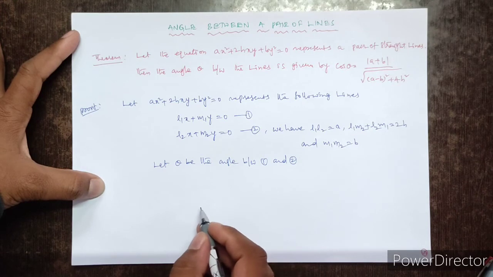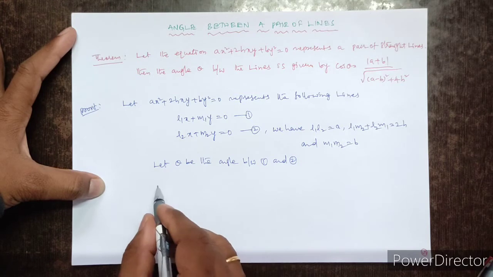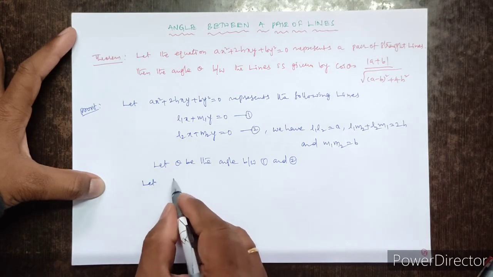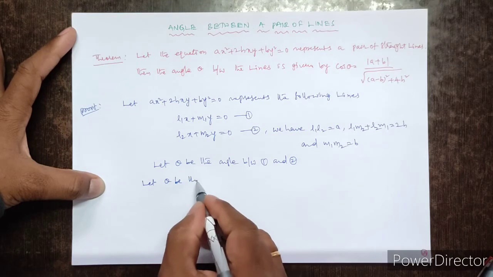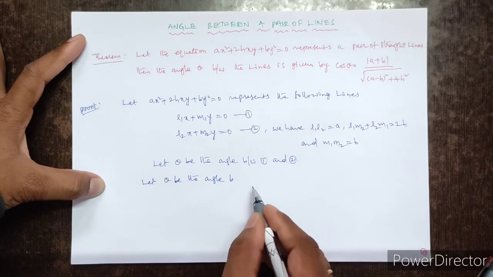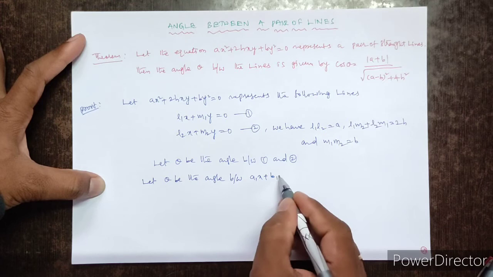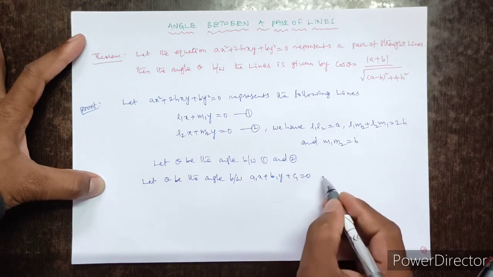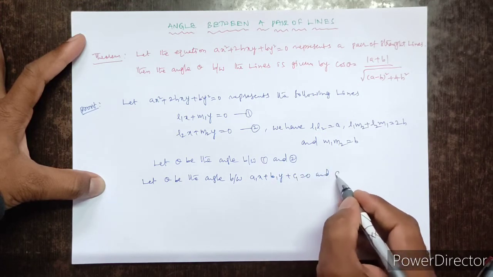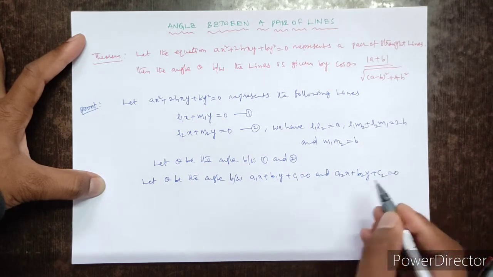Already in the straight lines chapter before, what is the formula for the angle between two lines? See here, let theta be the angle between a1x plus b1y plus c1 equal to 0 and a2x plus b2y plus c2 equal to 0.